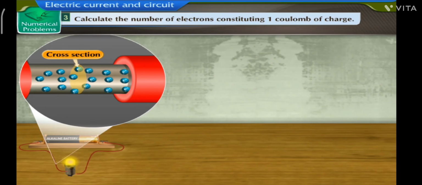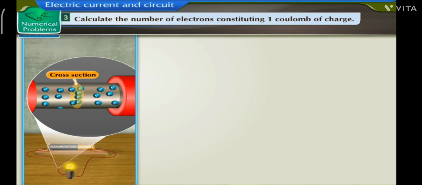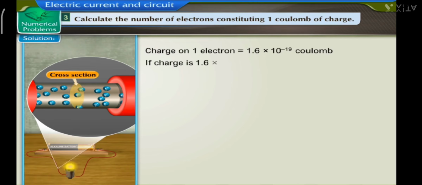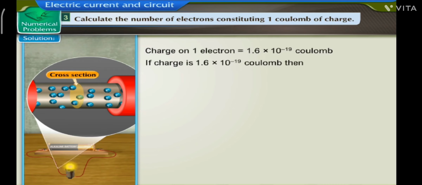Problem 3. Calculate the number of electrons constituting 1 coulomb of charge. Solution. We know that the charge of an electron is 1.6 × 10^-19 coulomb. Now, if charge is 1.6 × 10^-19 coulomb, then number of electrons is equal to 1.